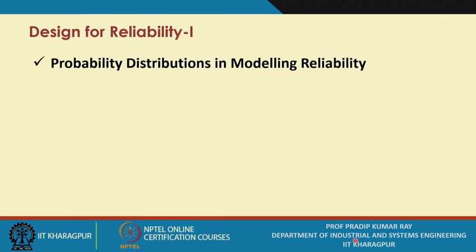So, continuing our discussion on design for reliability, let me discuss in this session the probability distributions in modeling reliability. We have already referred to the exponential density function. So, that is one particular case.